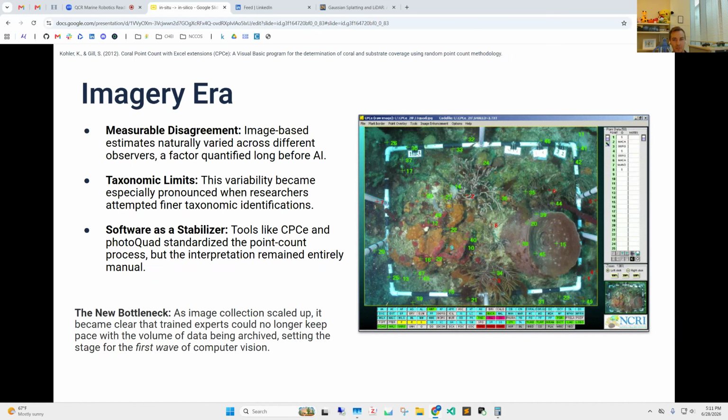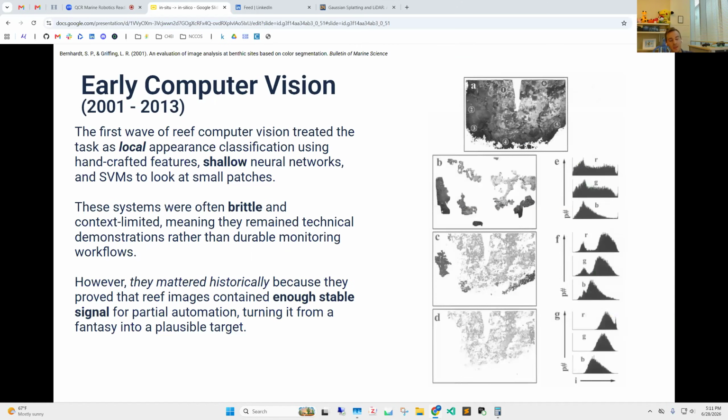And software like CPC and PhotoQuad, again, help standardize the point count annotation methodology across different labs, and they successfully professionalized the workflow, but didn't solve the core issue. Experts were still having to look at every single point in the image, which created a massive bottleneck. This bottleneck, in turn, is what set the stage for the first wave of computer vision.